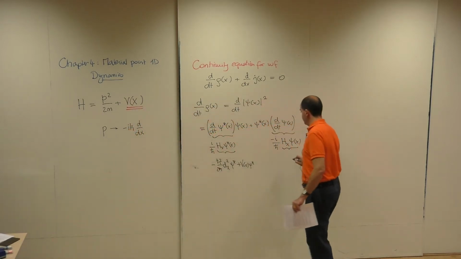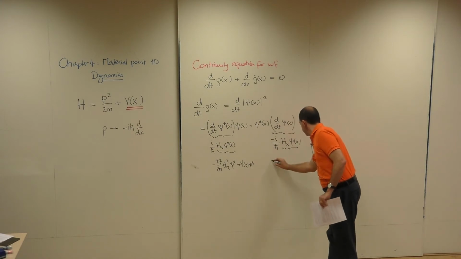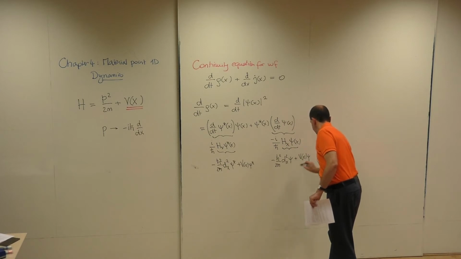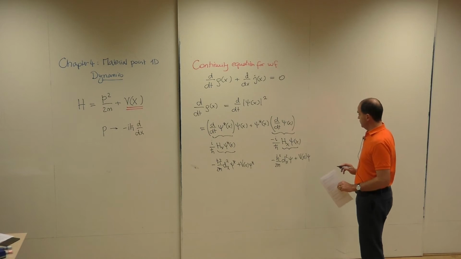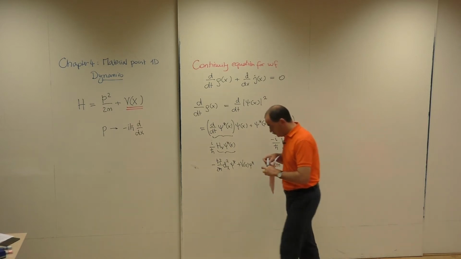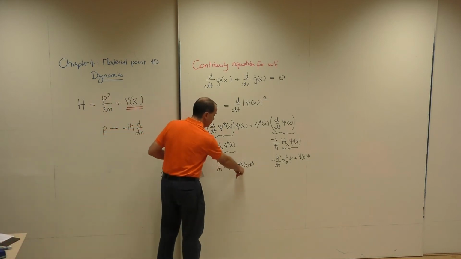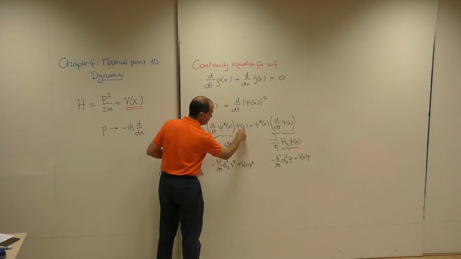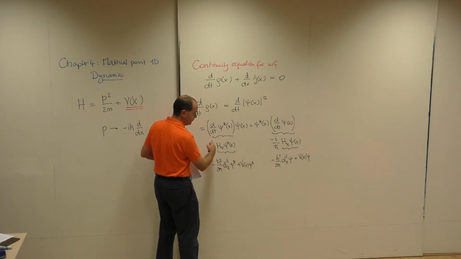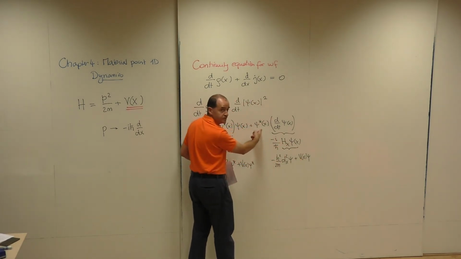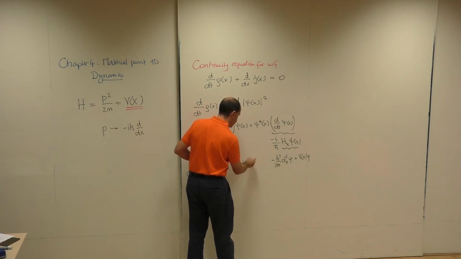And this one, of course, would be the same with psi: minus h bar squared over 2m d squared x psi plus v of x psi. Now, you see what happens here? Probably you see this term: there is a v of x psi star psi i over h bar, and this one there is a v of x psi psi star, which is the same, minus i h bar, so these two terms will cancel.